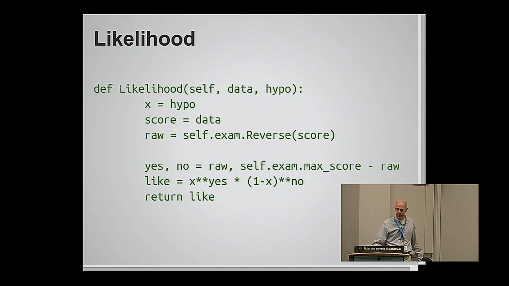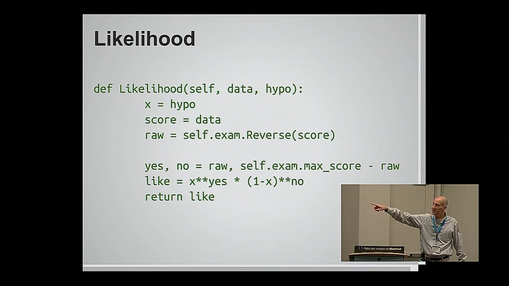Okay. Again, I need a likelihood function, and the way I'm going to set this up is, when I get a hypothesis, the hypothesis will be a hypothetical value of x. So this will be your probability of answering any given question correctly. The data will be your score on the SAT, and that's the value that's between 200 and 800.